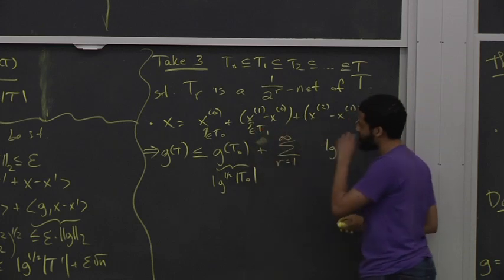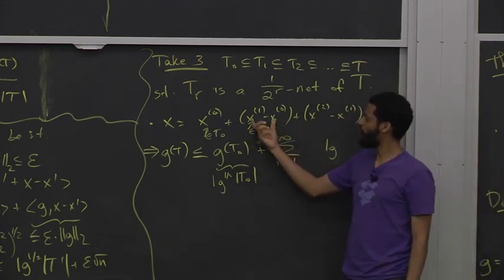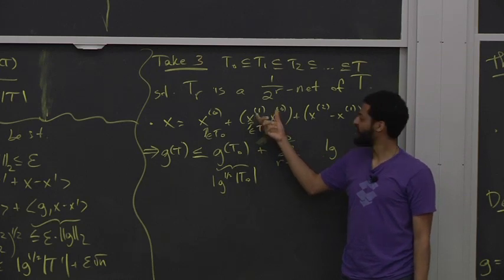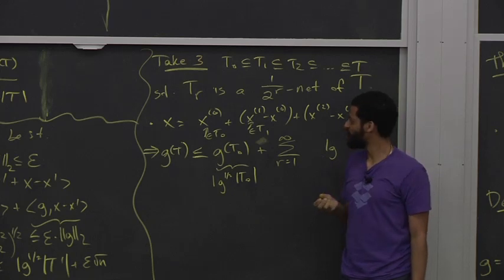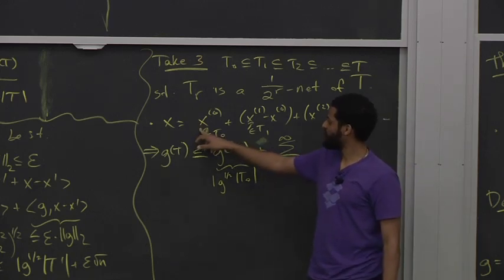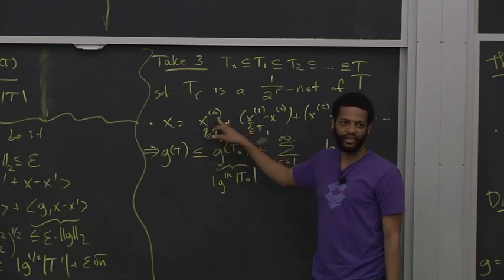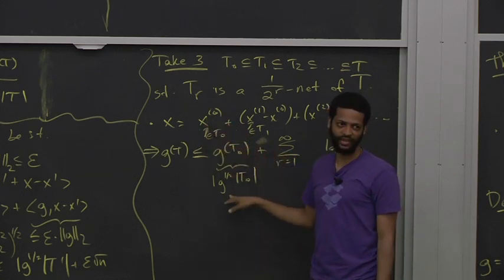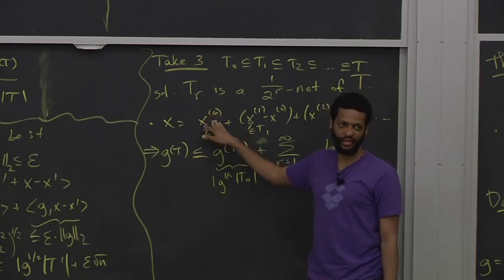So question, how many possible difference vectors are there, x1 minus x0? Right? So the sup over all x0s in T0 of g dot x0 is at most root log the size of T0. Root log the number of possible vectors that could be here.